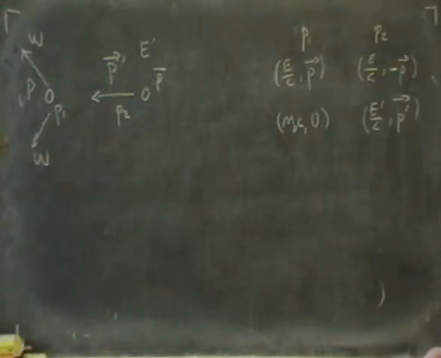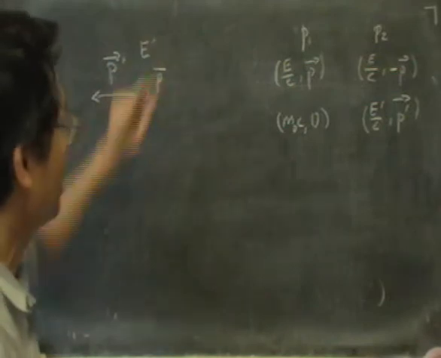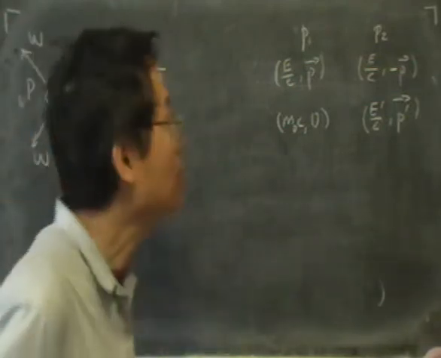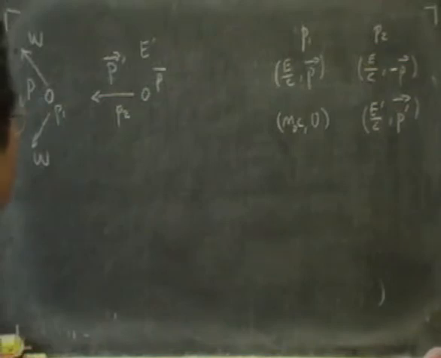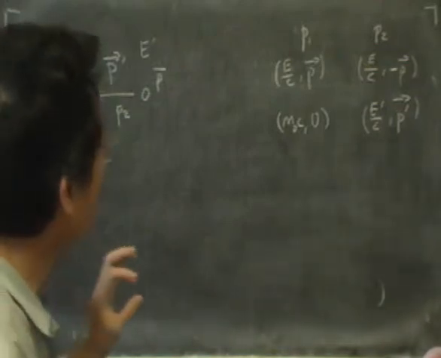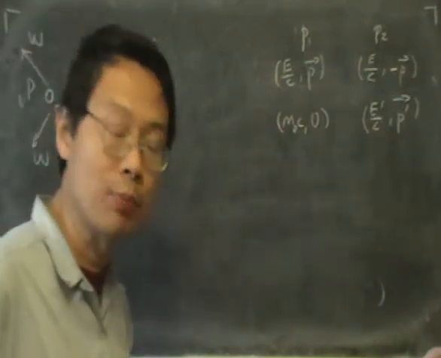Okay, so what we are going to do next is find the amount of energy E prime that is needed to produce the W particles. Now we already know how much was needed in the center of mass frame.